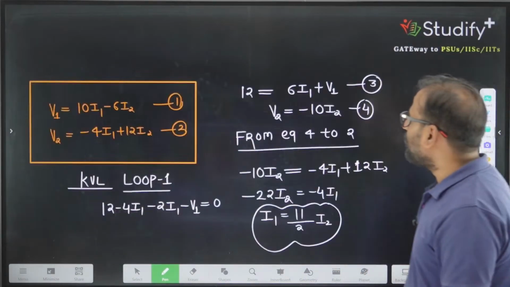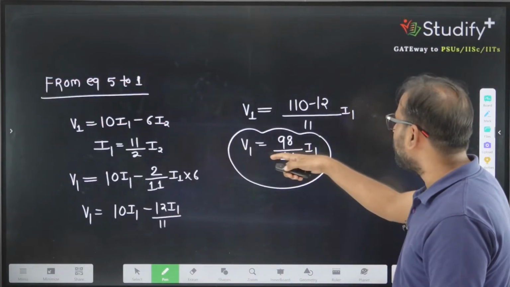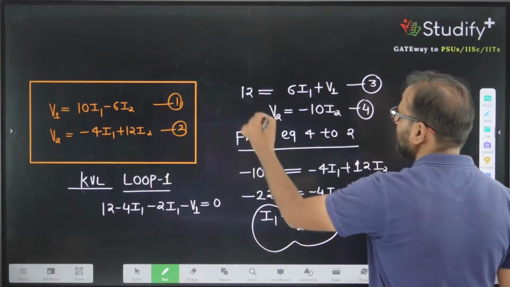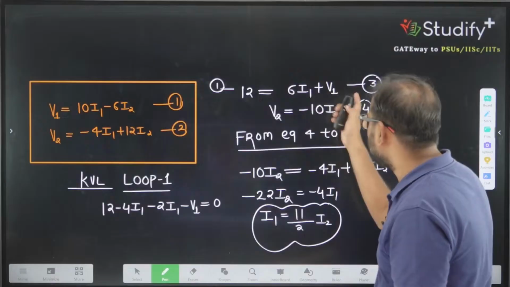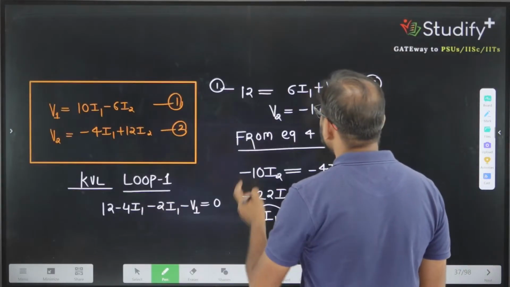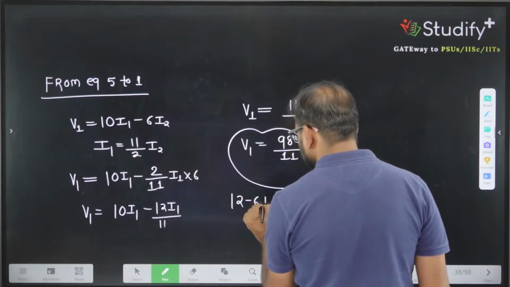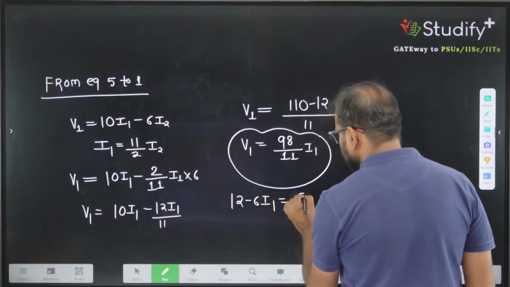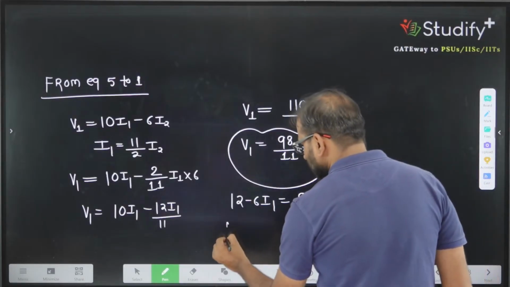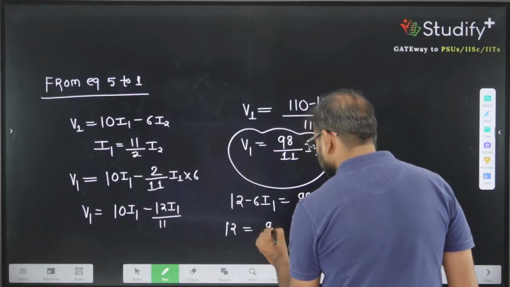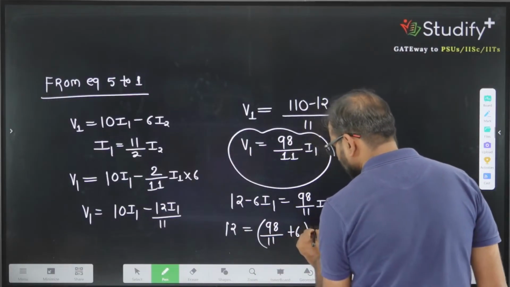Now we have two values of V1. This is one of the values of V1 and another value of V1 is available here. These two values we are calculating for the same circuit, so these two values must be the same. So 12 minus 6 I1 should be equivalent to 98 divided by 11 I1.